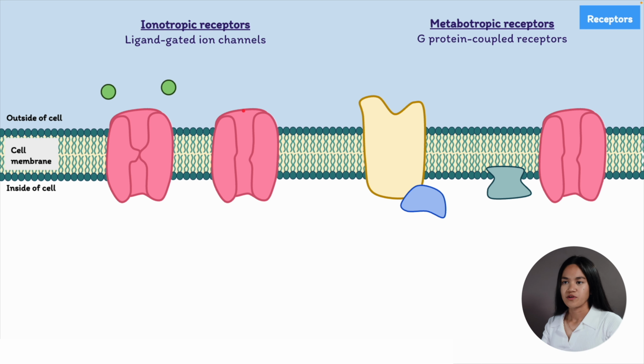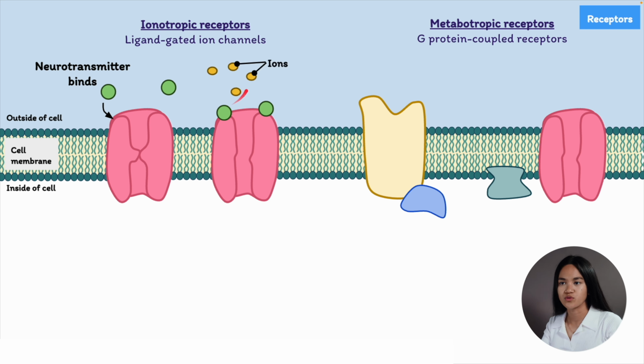Once a neurotransmitter binds, okay, we have the neurotransmitter here, these complexes change shape, causing the channel to open and letting ions from the extracellular fluid enter the postsynaptic neuron. And this change in ion concentration can generate another action potential that can travel down this postsynaptic neuron. Okay, that's what ligand-gated ion channels are.